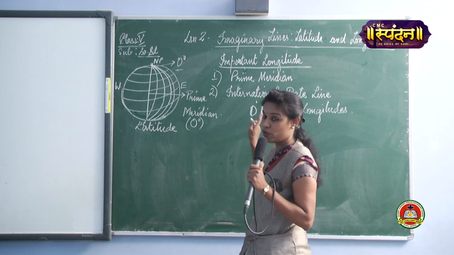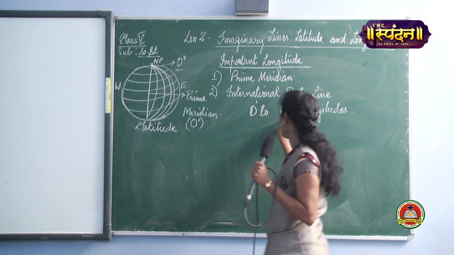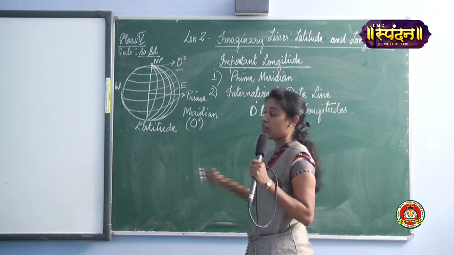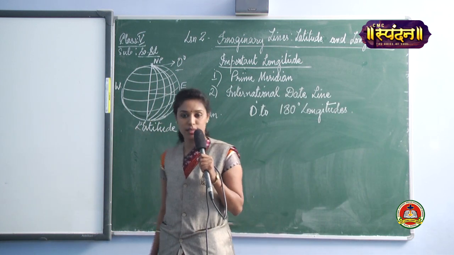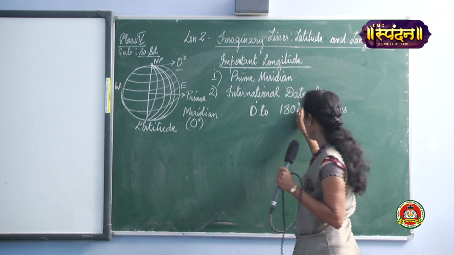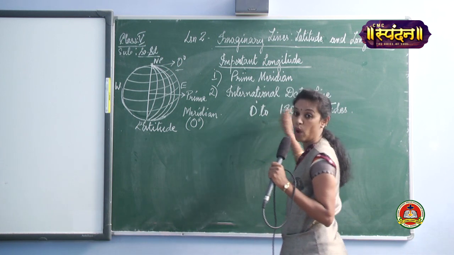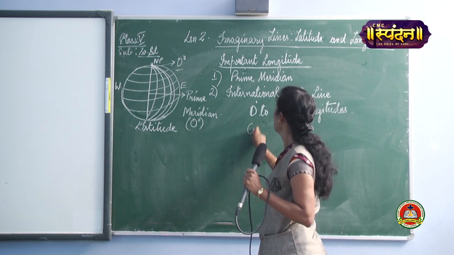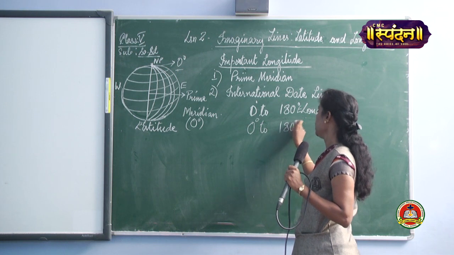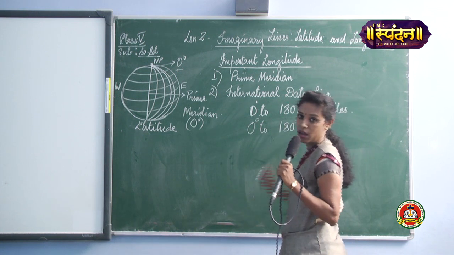The only thing you have to remember here is that it again has the direction of east and west. So you have 0 degree to 180 degree east, and 0 degree to 180 degree west.